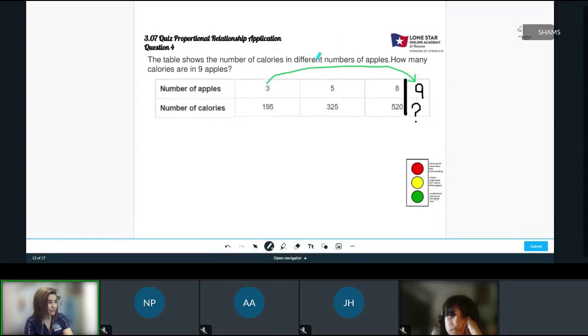From 3 apples to 9 apples, you're actually multiplying by 3. You're finding 3 times more. You can then do the same strategy to get to this missing number. You should do 195 3 times. This was one very compatible number to go from 3 to 9, and that is why I chose this number, right? So 195 3 times, and that will give you the number of calories. Go ahead, calculate. Tell me how much it is.